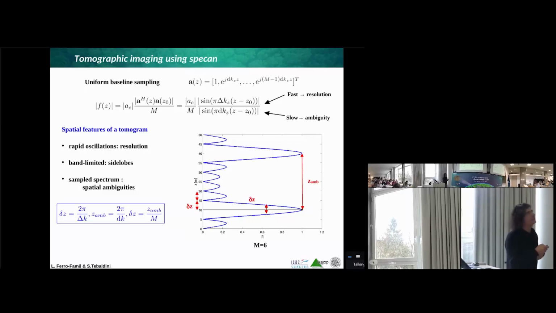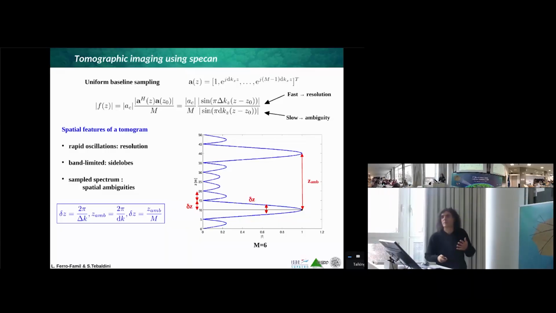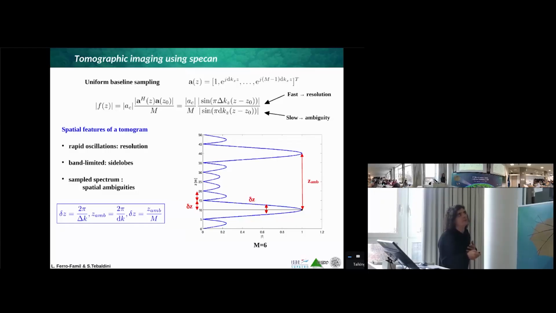And using the relationship I mentioned before, you can compute the ambiguous height, which is exactly the one we observe in the interferometry case. This is the height at which your tomogram will repeat when you apply your Fourier transform, okay?